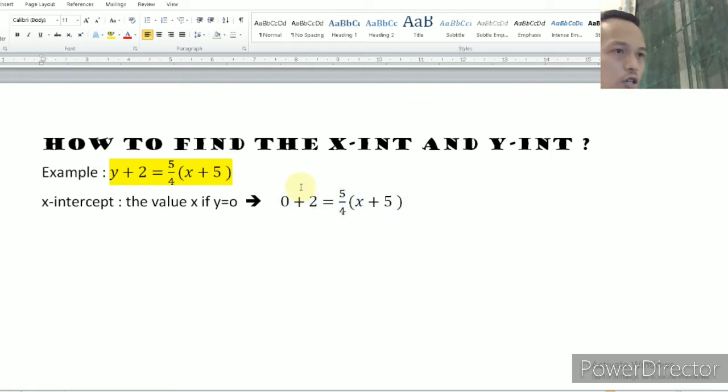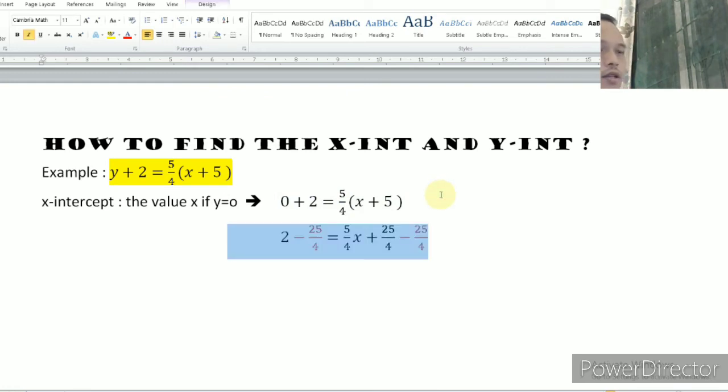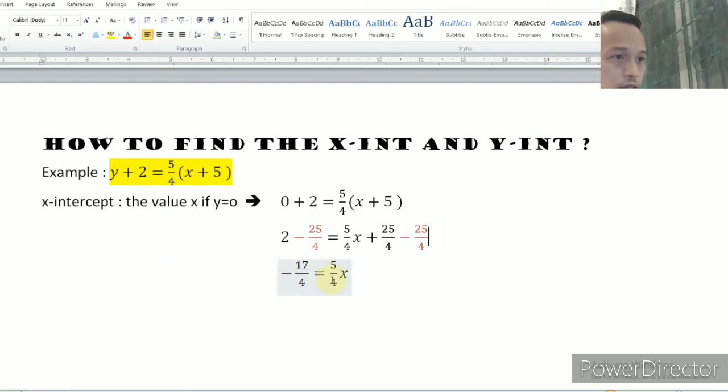Don't forget, you need to distribute first. When you distribute, it becomes 5 over 4 x plus 25 over 4. Since I need to isolate x, I will subtract both sides by 25 over 4. So in the end, I will have this.